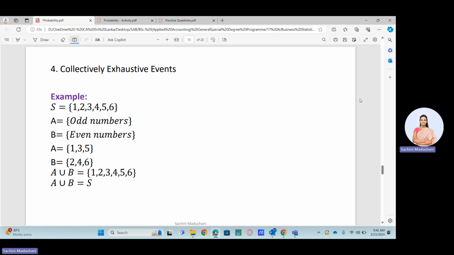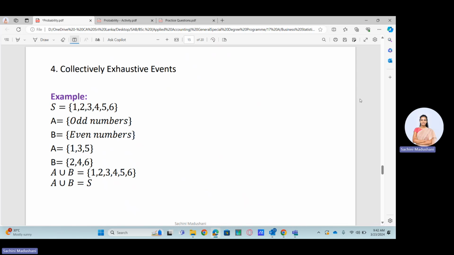Collectively exhaustive means, think the sample space is 1 to 6. A is even, B is odd. Then what is A union B?